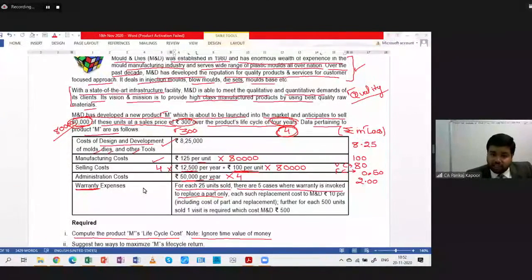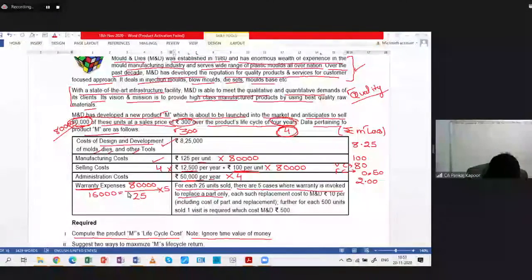So can anyone tell me for 80,000 units of M, how many warranty cases we need to consider? Apply the unit method. If for 25, there are 5 cases, for 80,000, there will be 16,000 cases. Agreed?